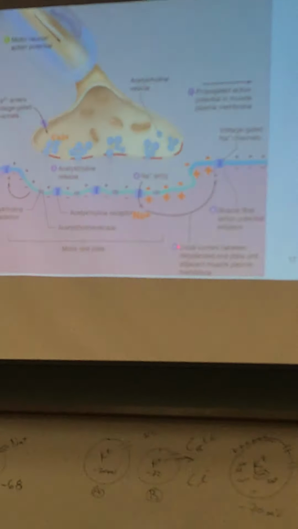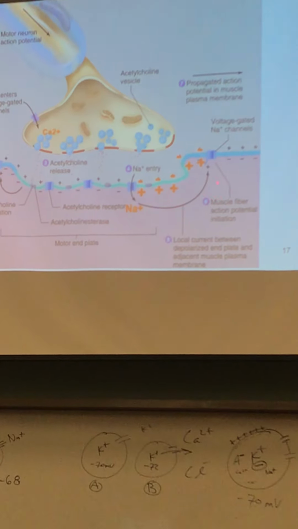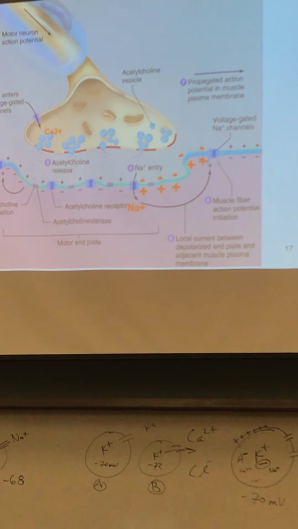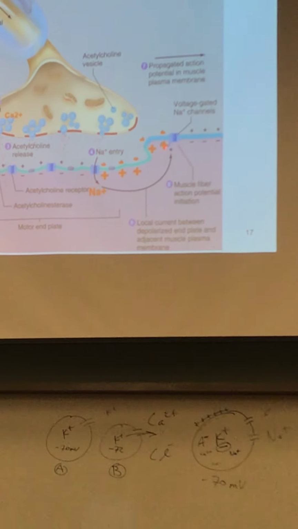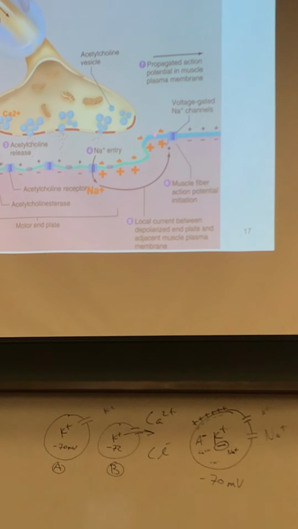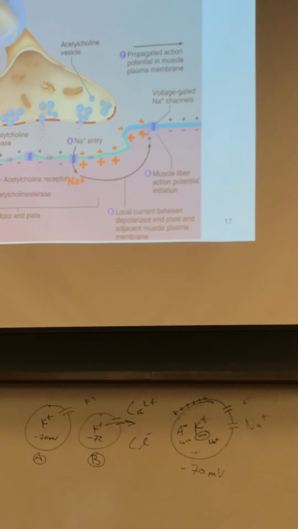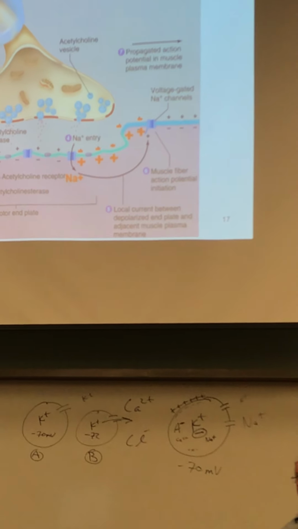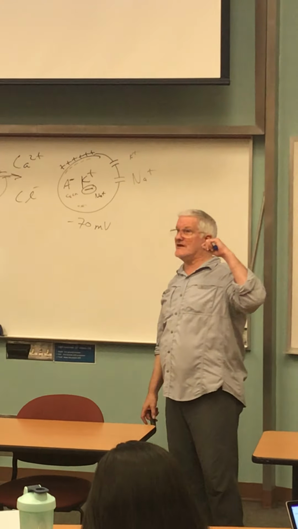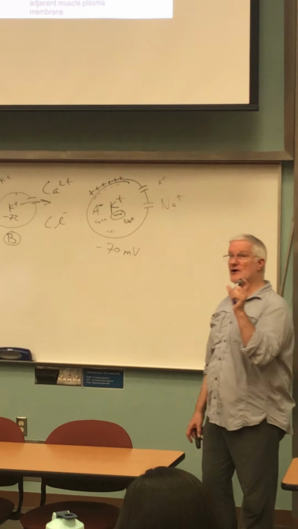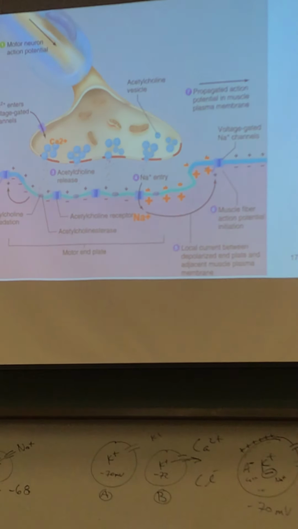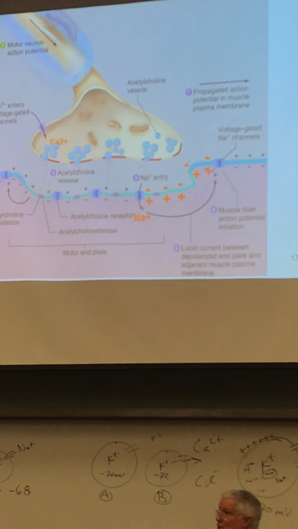All right, I finally diffused way over here, and if there's enough of me to raise that membrane potential from -90 to maybe -55, I open up the voltage-gated sodium channels. -55 is the magic number. It's called threshold. If I don't reach threshold, it's not going to open up. So -55 is threshold.